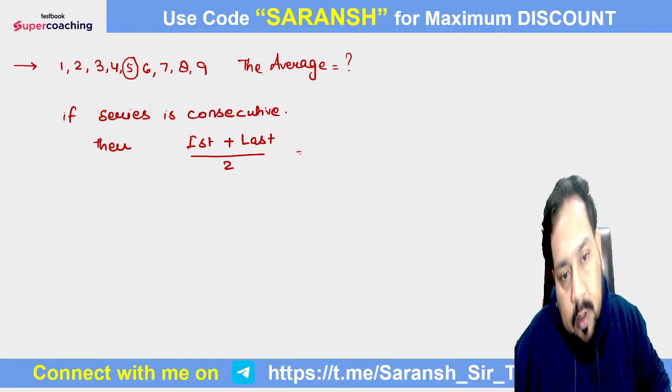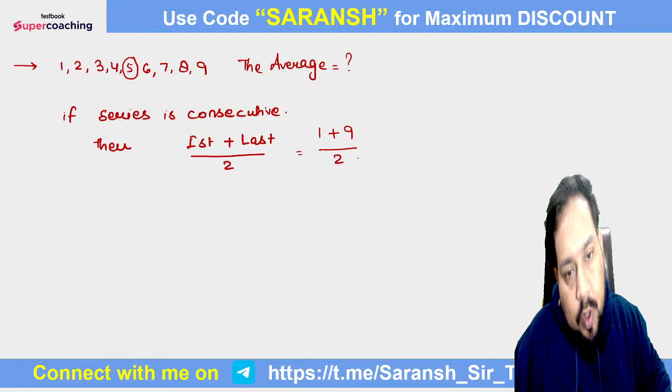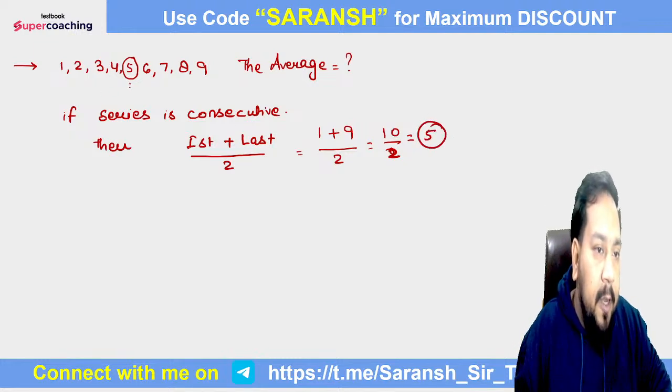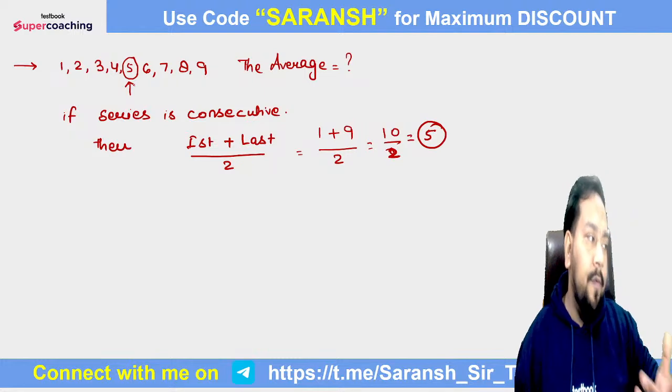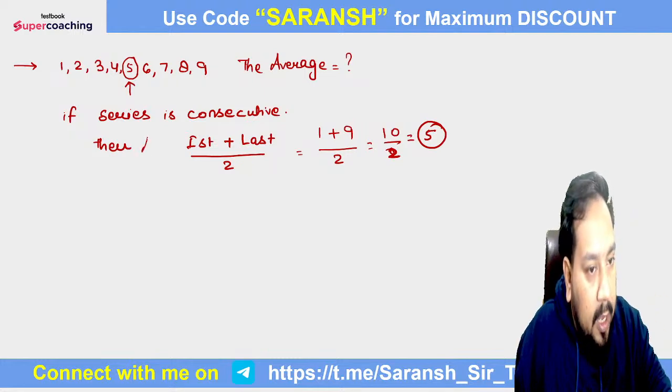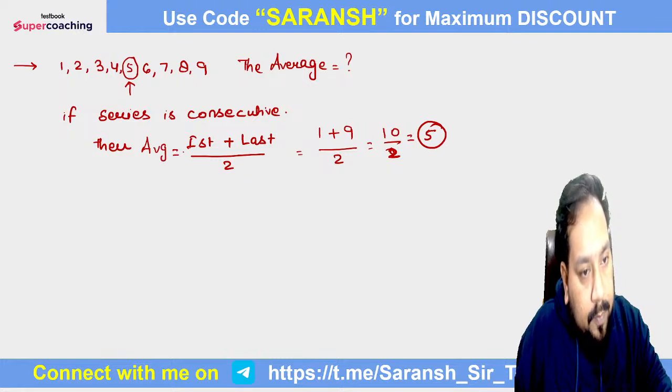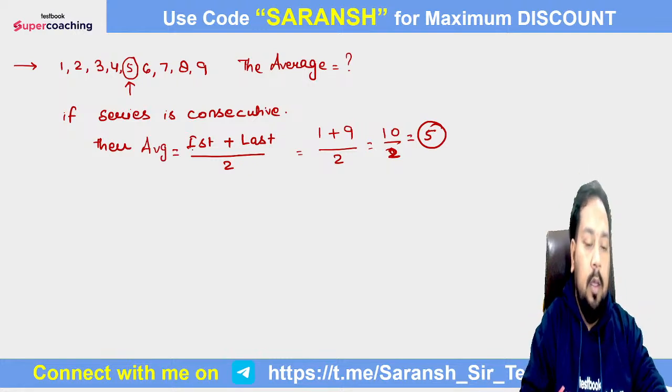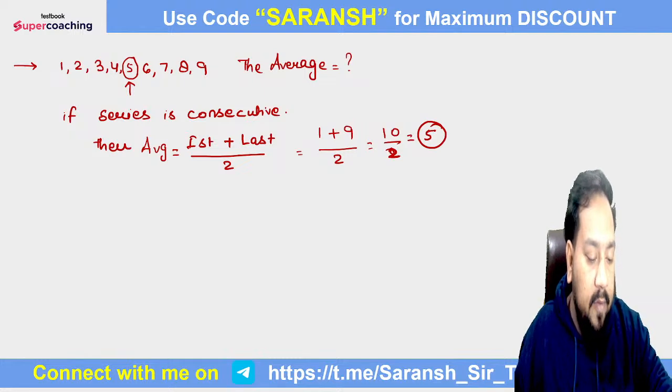It means 1 plus 9 upon 2, that is 10 upon 2, that is 5. The midpoint of the series is 5. It means the average is 5. Yes or no?